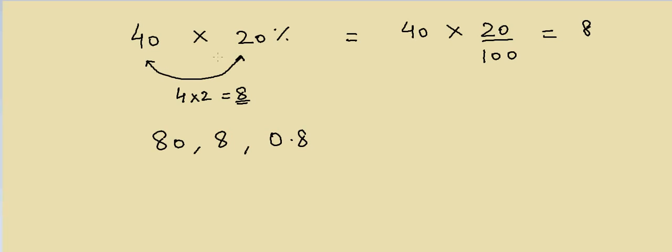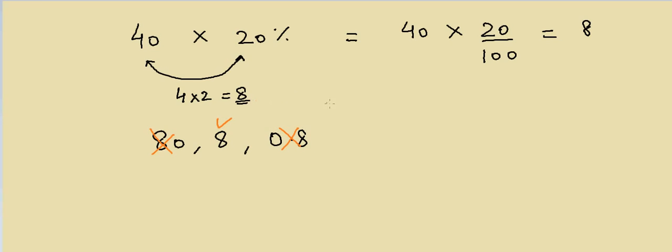If we are making any mistake with the zeros, then these are the three possibilities. 80 is not possible because that's too far, a much higher number. 20%, we know that it has to be smaller than 40. And 0.8 is too small of a number. 20% is like 1/5 of a number and 0.8 is too small. So we have to have 8.